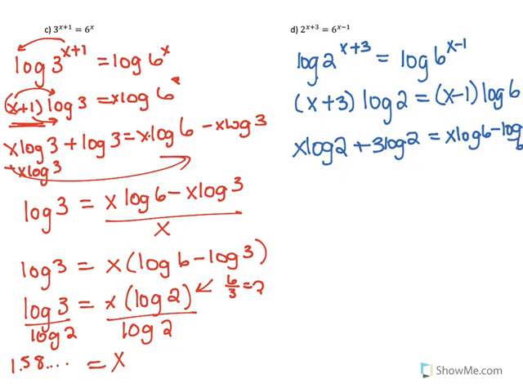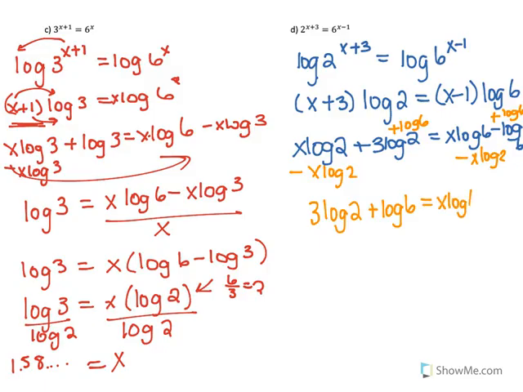Now I'm going to move the x's to one side and the non-x's to the other side. So I'm going to add log 6 to the other side, and I'm going to subtract x log 2 to the other side. So I should be left with 3 log 2 plus log 6 and x log 6 minus x log 2.